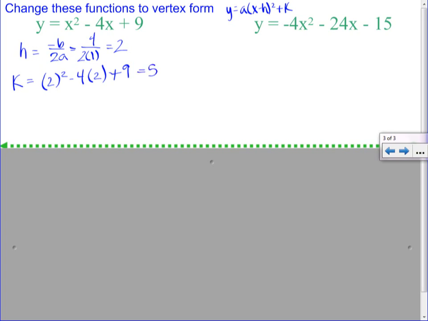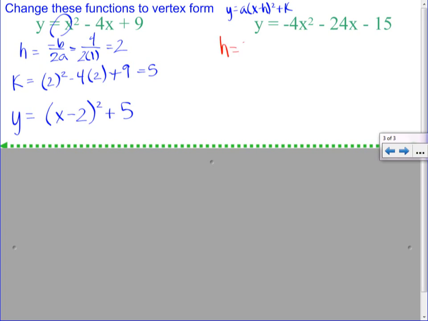Okay, so we have h, k and we also have a, right? So we can write this, y equals, we can put a 1 here if we want to, or we can just leave it blank. We've got (x minus h) plus k. Questions on that? Okay, let's try this one.